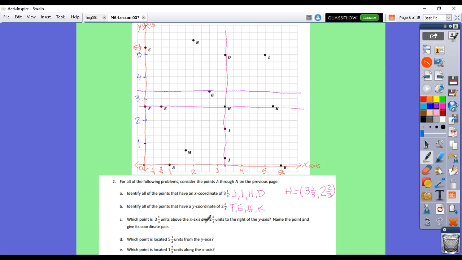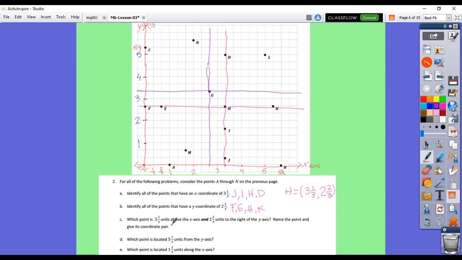But it also is 2 2/3 units to the right of the y-axis. So this is our y-axis. So we need to go 2 2/3, here's 1/3, 2/3, to the right of it. See where my line got out of control. See where those lines intersect? Right here at point G.